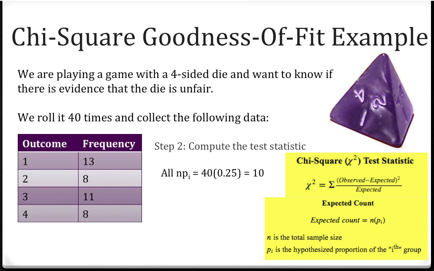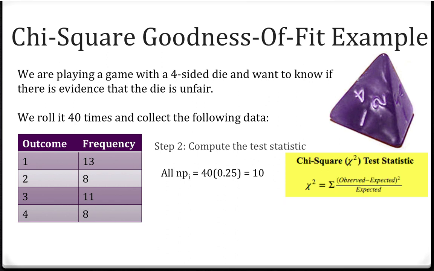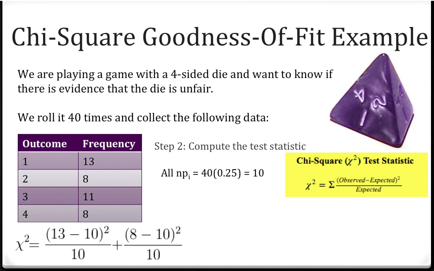We plug these values into our formula, and we get chi-square equals (13 minus 10) squared divided by 10, plus (8 minus 10) squared divided by 10, plus (11 minus 10) squared divided by 10, plus (8 minus 10) squared divided by 10.